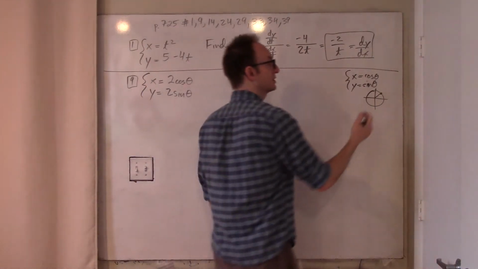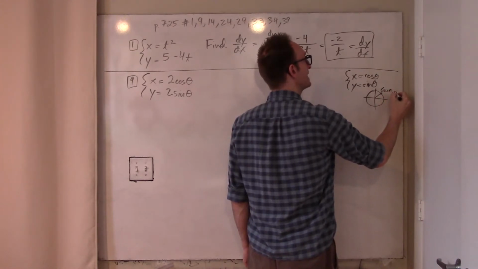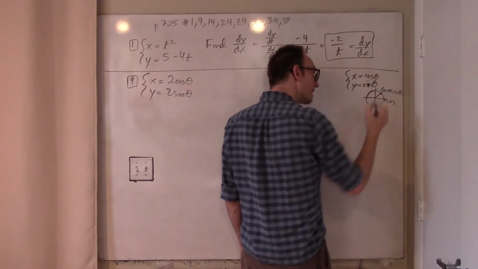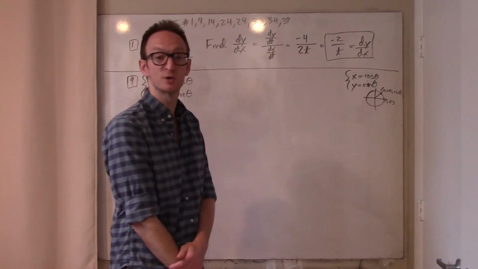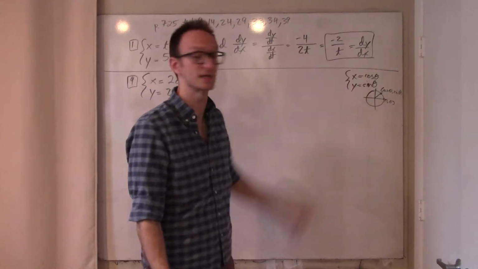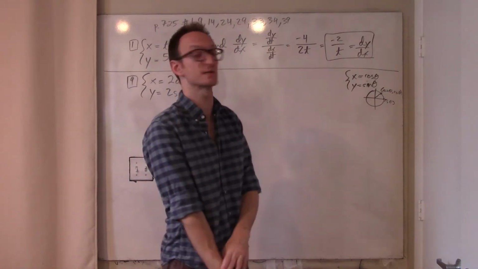Then, by definition, the coordinates of this point are cosine theta comma sine theta. That is actually just the modern definition of cosine and sine. So, of course, this pair of parametric equations is, by the definition of sine and cosine, the parametric equations for the circle of radius 1.